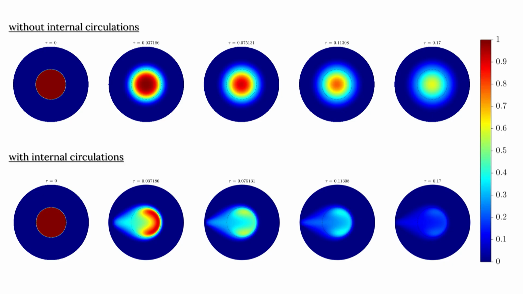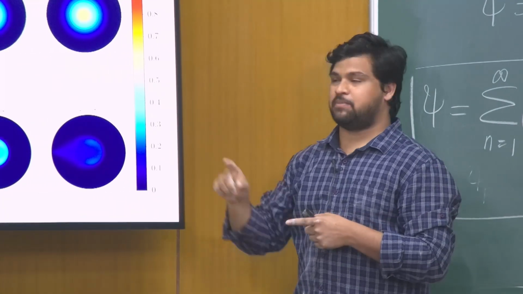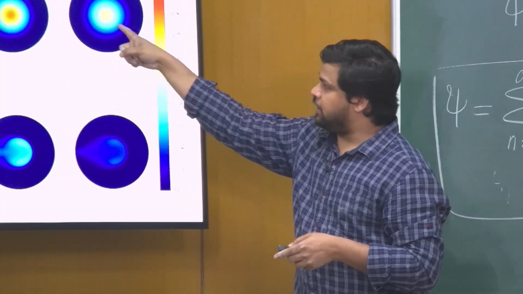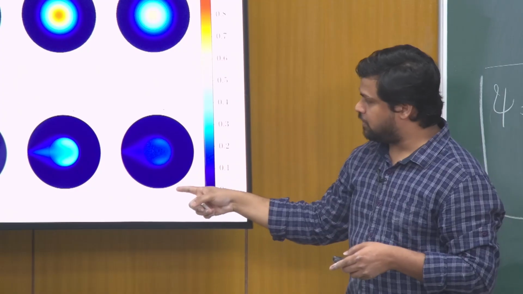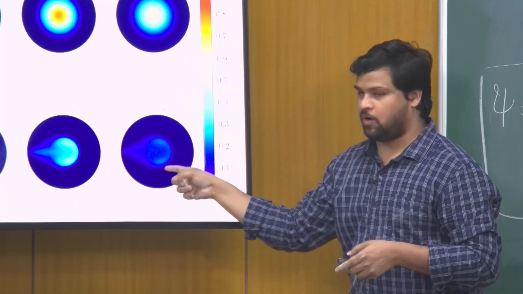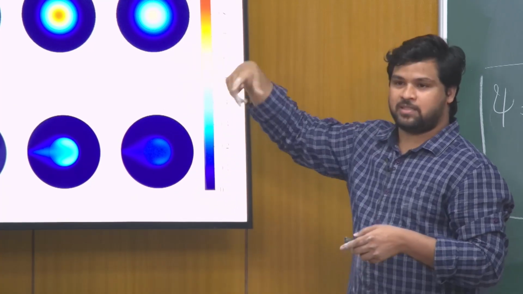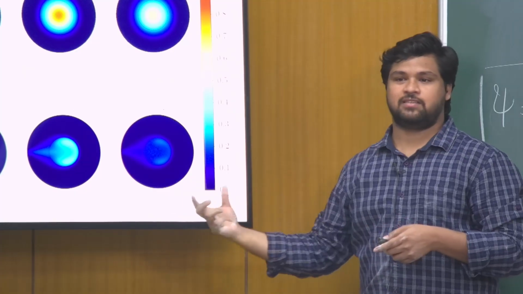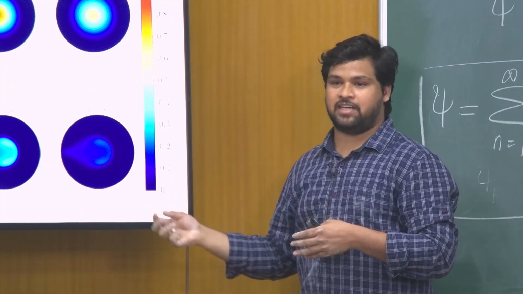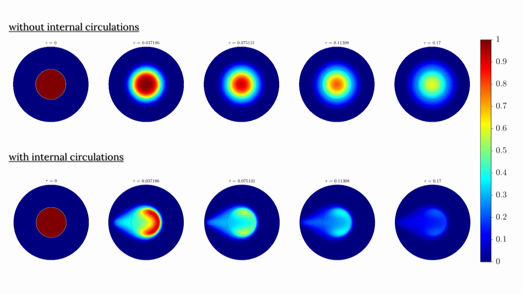See how, as time passes, the heat is distributing to the surroundings. Both are plotted for the same time. In the solid sphere, the heat distribution is less. In the fluid sphere case with internal circulation, at the same time it has already become cold, but here it is still hot. Because of the internal circulation, the rate of heat transfer is very fast. So this is one of the applications of this.